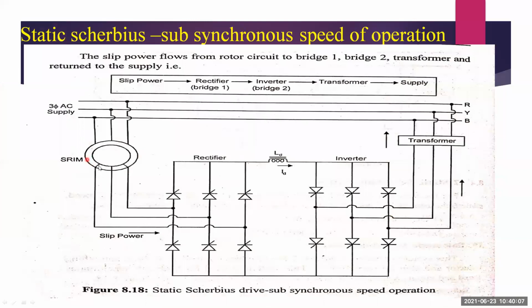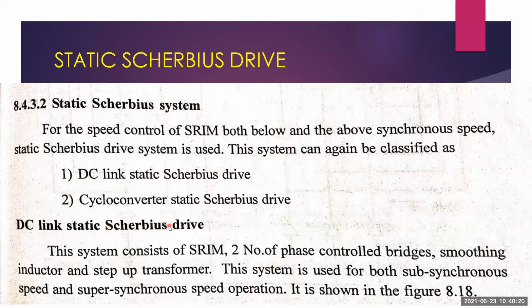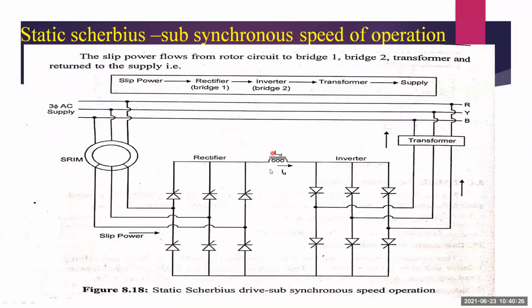This is the slip ring induction motor, this is one bridge controlled rectifier, and this is another bridge controller. So two bridge controlled rectifiers are required in the static Scherbius drive, along with a smoothing inductor and a step-up transformer.